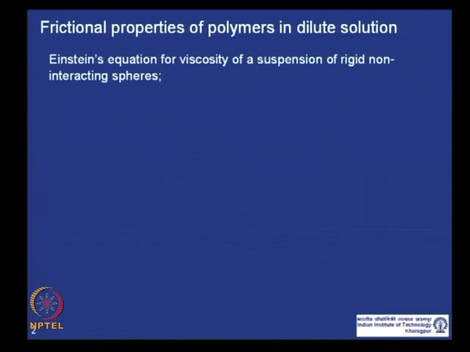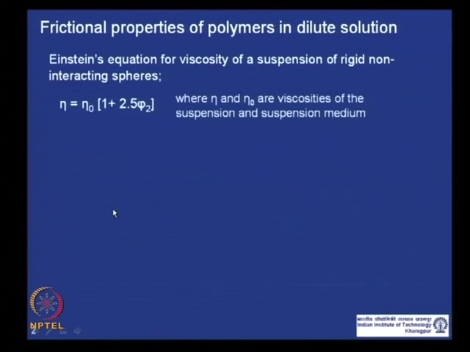Now, let us continue the discussion we were having in the last lecture. As we understood, most polymer chains are flexible, and when they are dissolved and moved in solution, they carry solvent molecules which are attached to the polymer coil. They move along with the polymer coil.